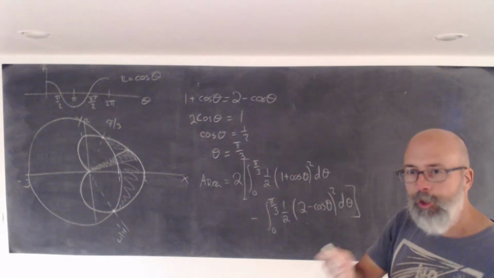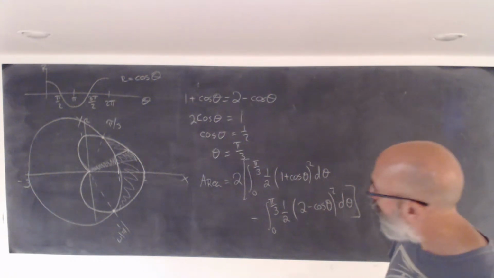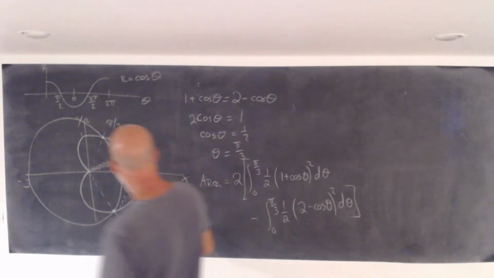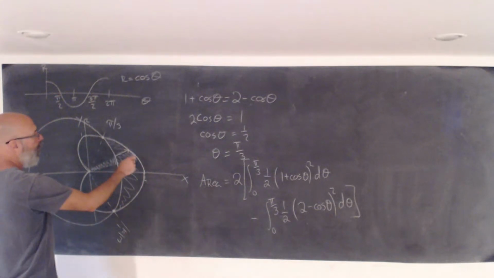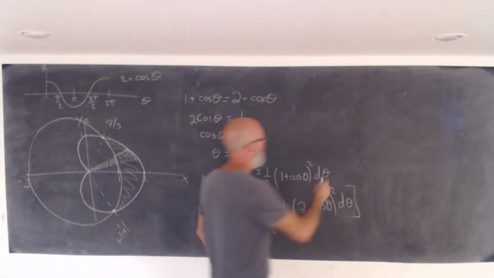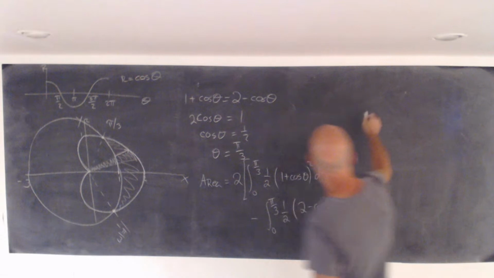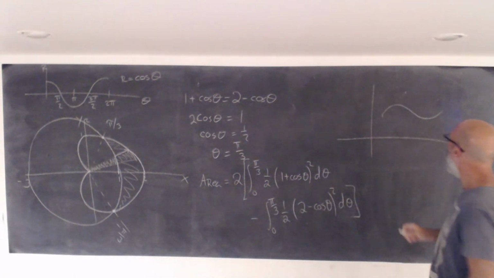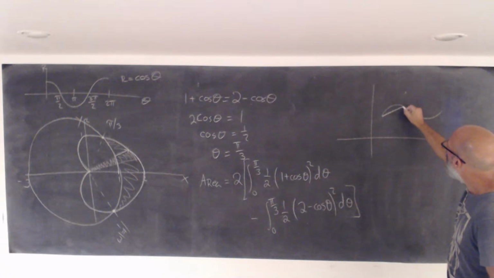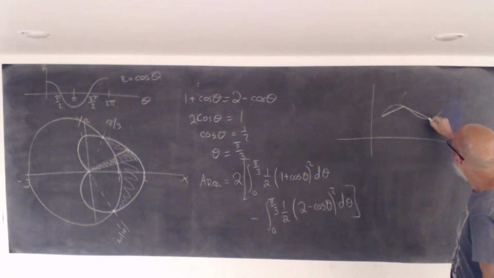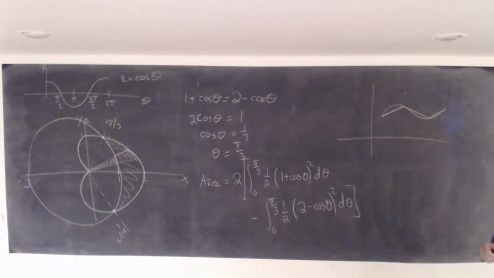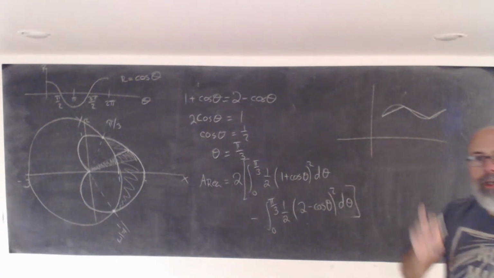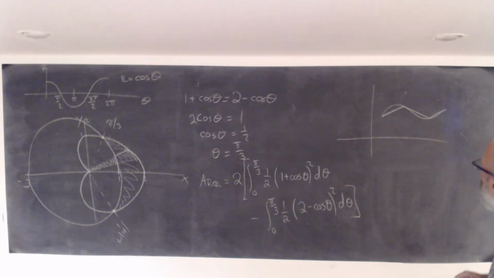Right? And let's recall how we did that in Cal 2. First of all, if you had a curve, we did a Riemann sum by looking at these straight lines.